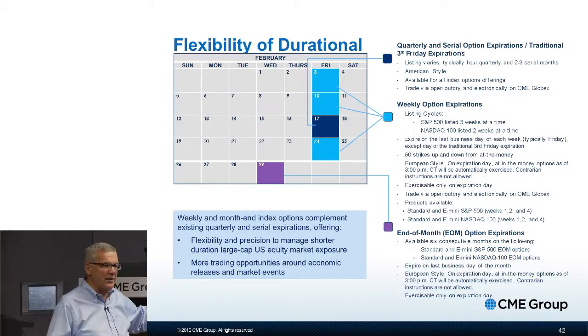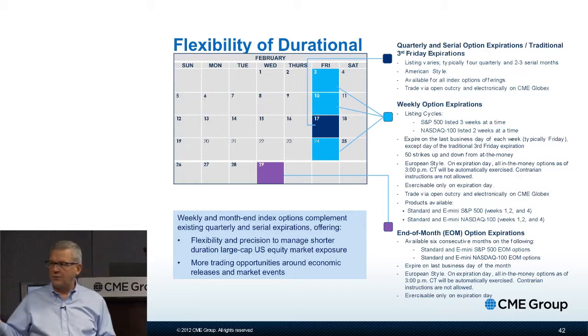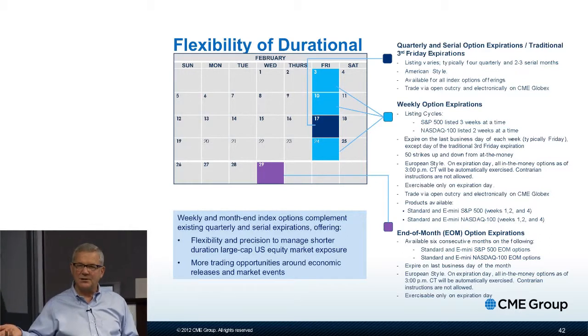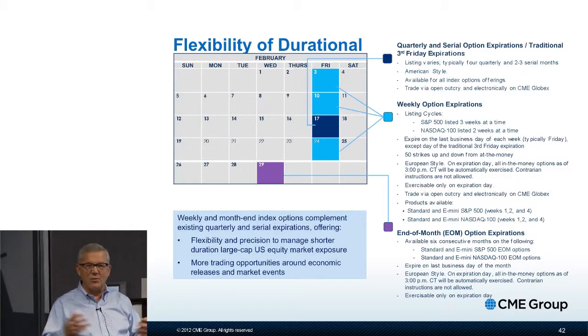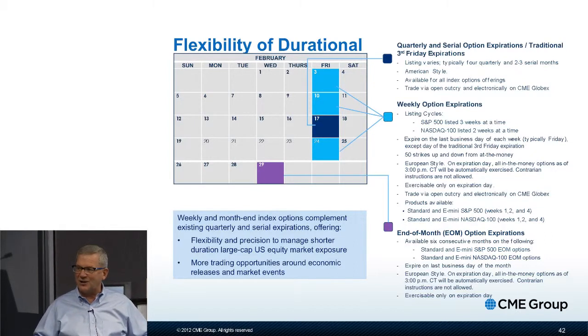So on February 29th, we had a month-end expiration on a Wednesday. 2 years later, we had the March week 1. So that makes for a lot of midweek spreading. People have asked us if we thought about creating daily options. Basically, we think we have enough with 59 expirations.